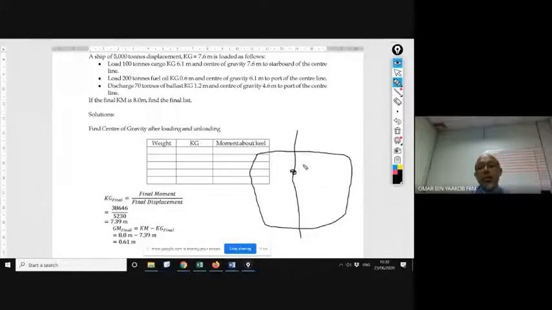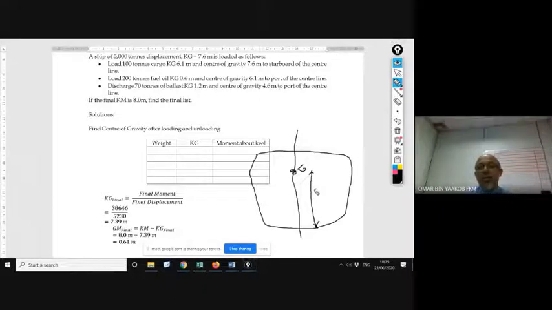Then you load 200 tons. I think I'll redo this here. Sorry, make it bigger, like this, and the center line there. This will be the original G, which is 7.6. I'm not using a mouse, so it's a bit difficult.